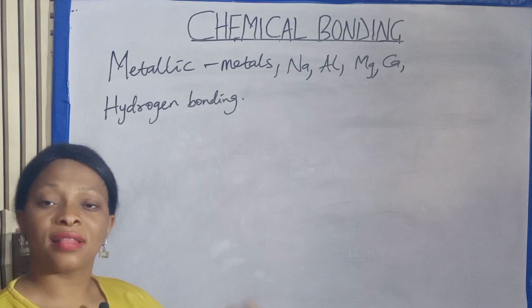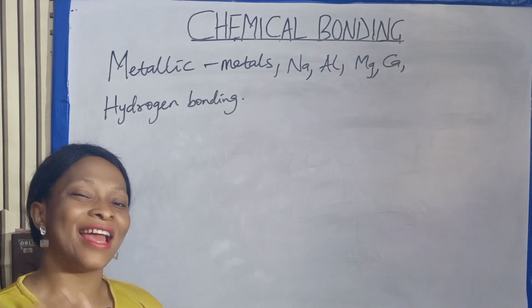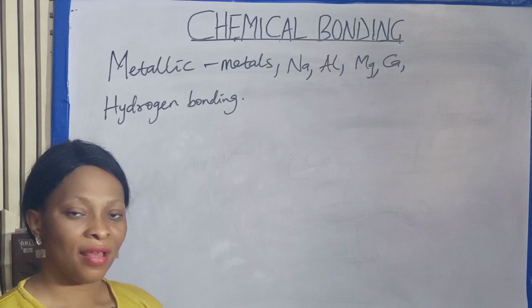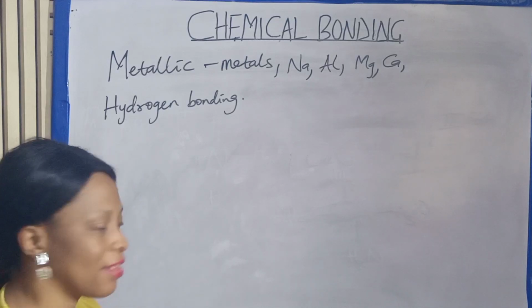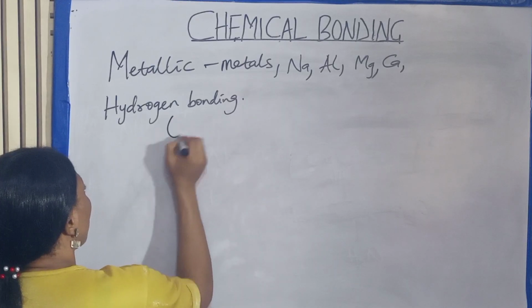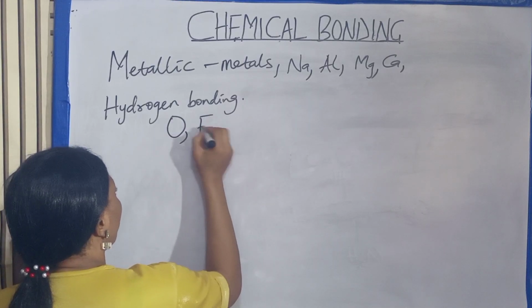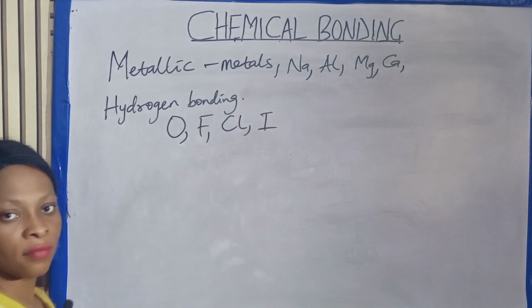Hydrogen bonding is a type of bonding where hydrogen reacts with highly electronegative elements. Examples of highly electronegative elements include oxygen, fluorine, chlorine, iodine.